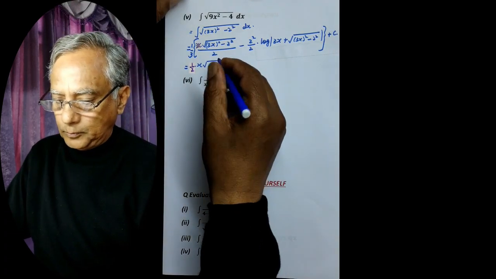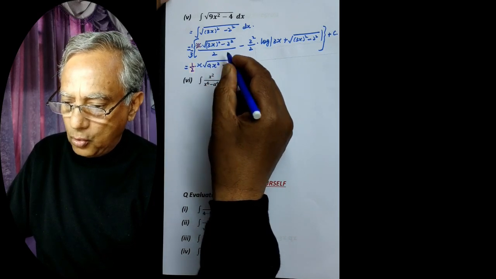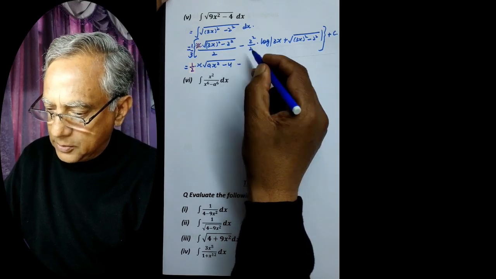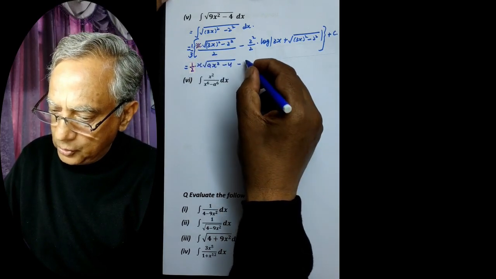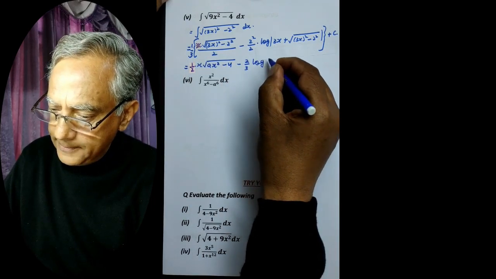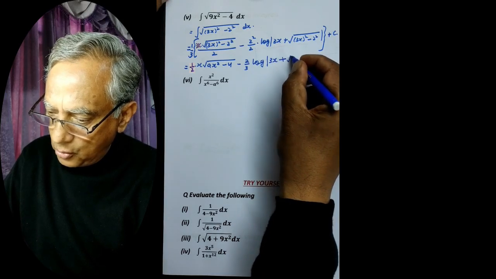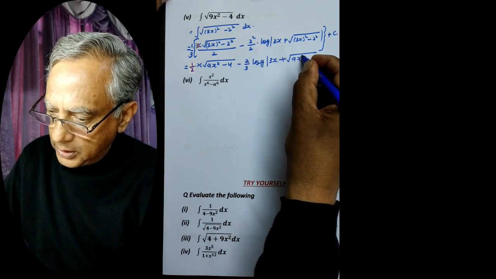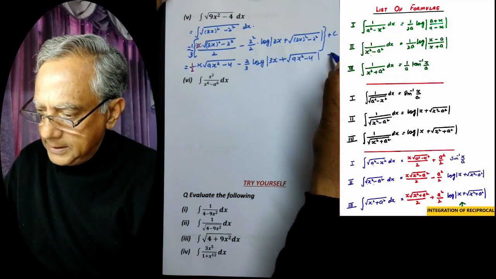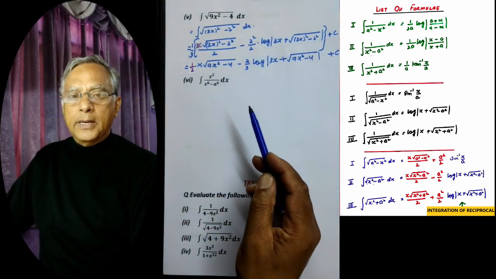This is same as 9x square minus 4, minus 2 square by 3, open this bracket, 2 by 3, log of mod 3x plus under the root 9x square minus 4, plus c. So this will be the answer.